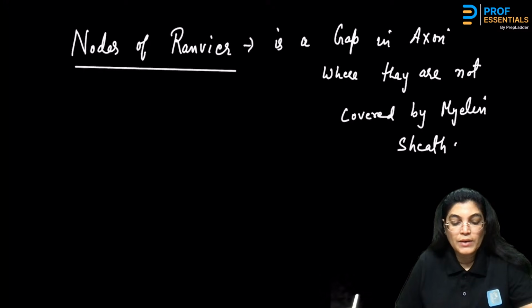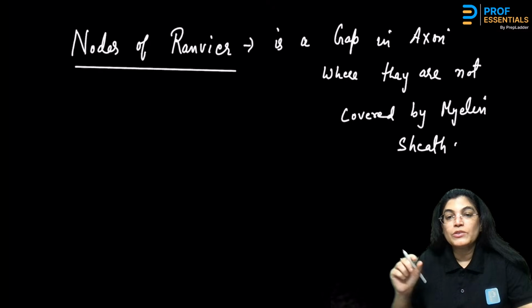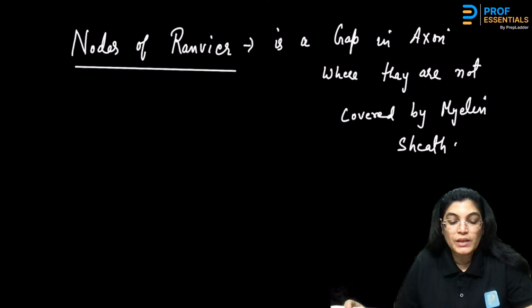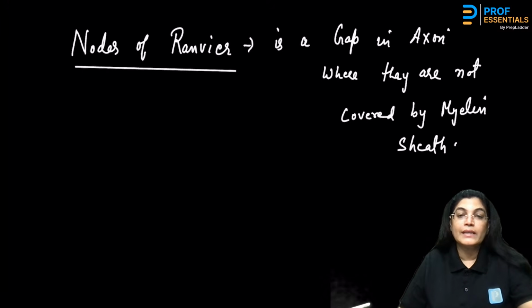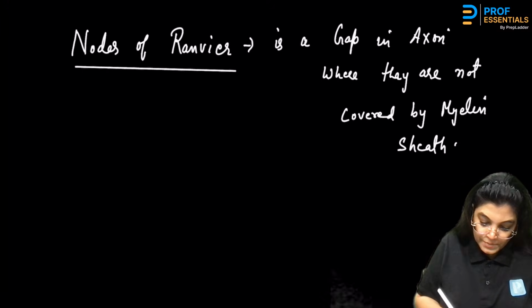And if I am talking about the area between the nodes of Ranvier, that area is called internode. So each unit of axon which is lying between the two nodes of Ranvier is called internode. So that is again an important point.